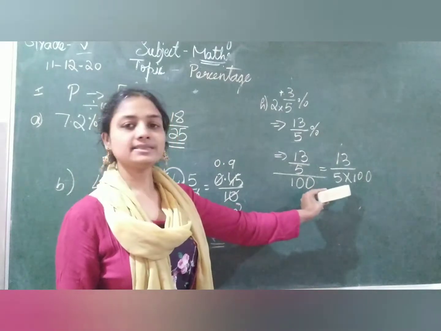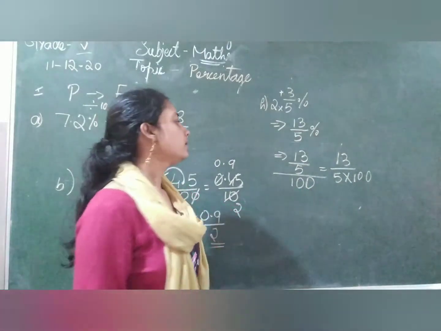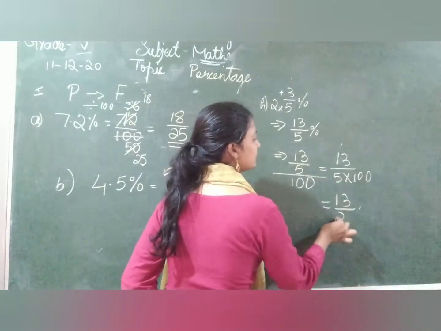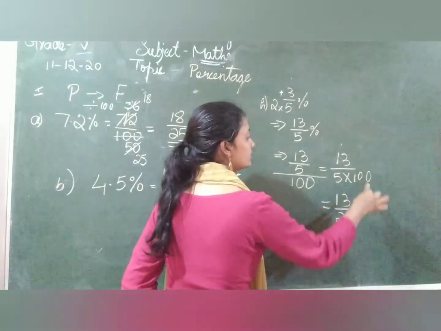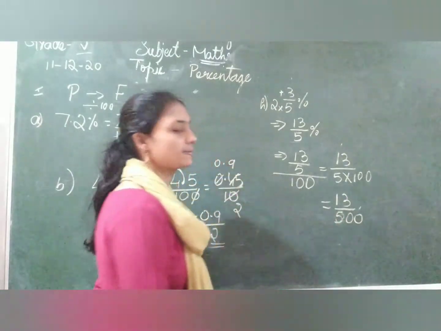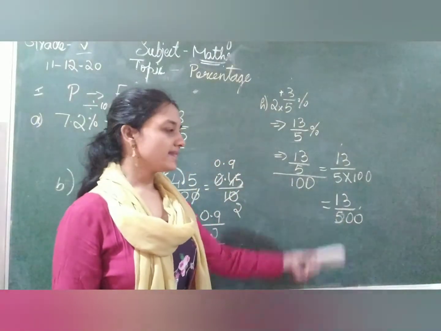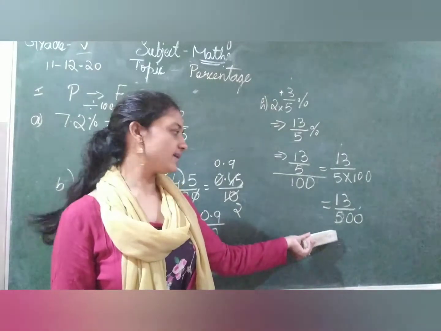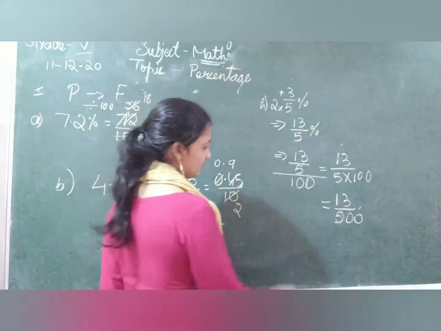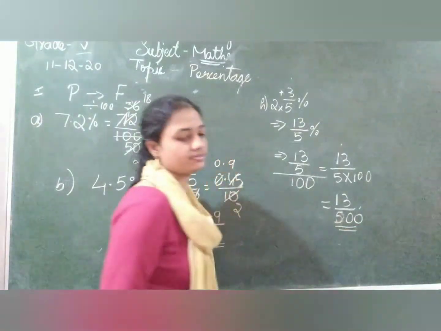So I can write it in this way. Now 13 divided by 500, since 5 into 100 will be 500. Can you cancel it? 13 and 500? No, it's not possible. So this will be my final answer.